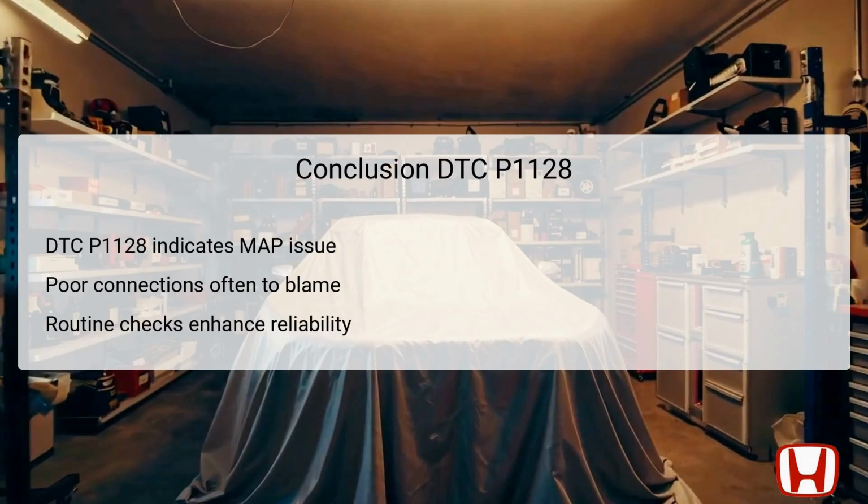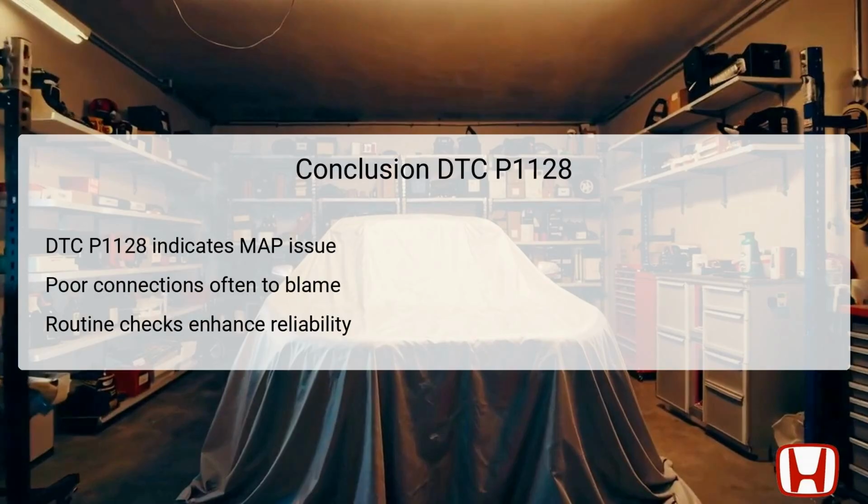In conclusion, DTC P1128 serves as a critical indicator of issues surrounding the MAP sensor's performance within the Honda Accord models from 2008 to 2012. The troubleshooting process involves a series of systematic checks, starting from sensor diagnostics through vehicle operations and concluding with rigorous tests.